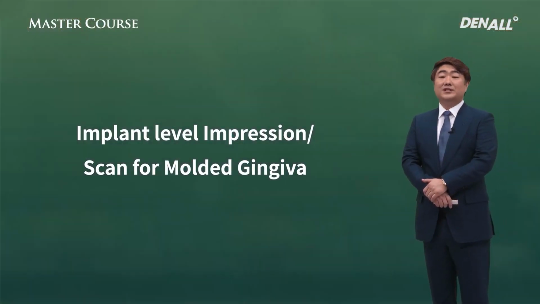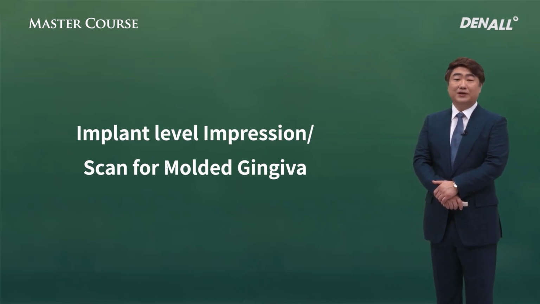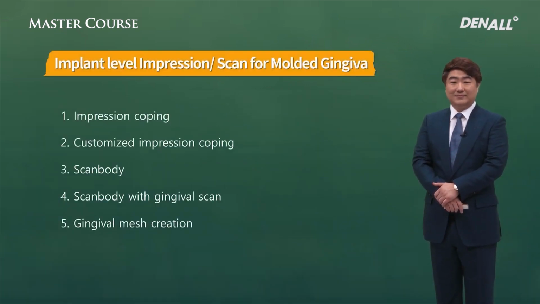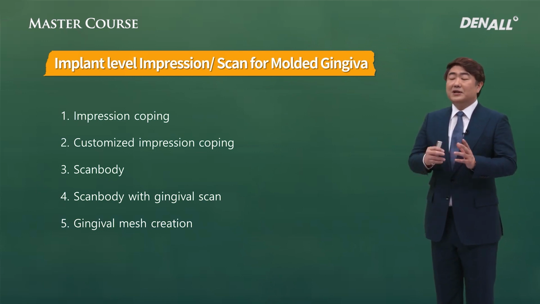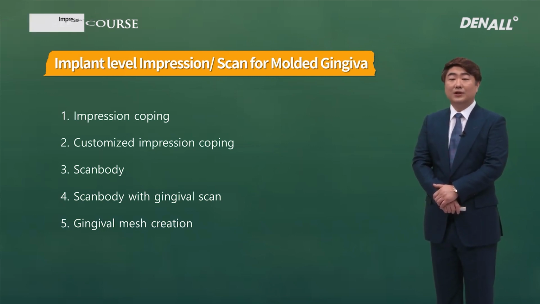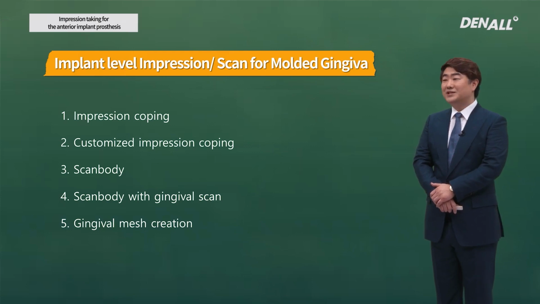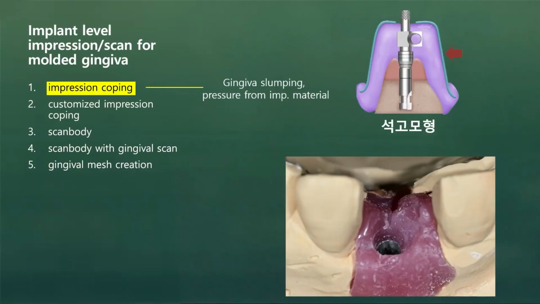Then, for the molded gingiva, to take an impression or to scan, how can you do it? If you don't have to consider aesthetics, then a general impression coping can be used, and still, you can really achieve aesthetic results if you're skilled.